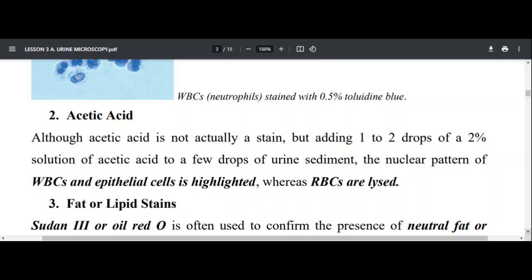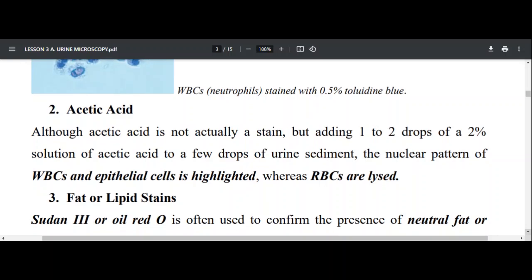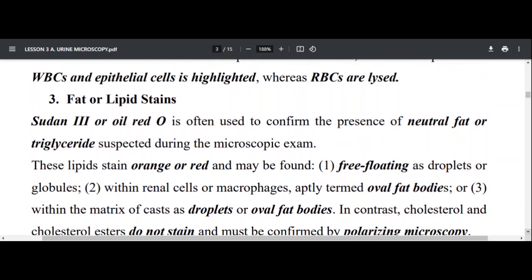Other kinds of stains that we can use are stains of fats or lipids. For example, Sudan III stain or oil red O can be used to confirm the presence of neutral fats or triglycerides. In case we suspect neutral fats during microscopic examination, we can stain urine sediments to identify them.